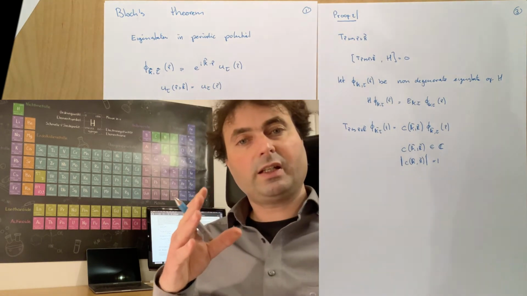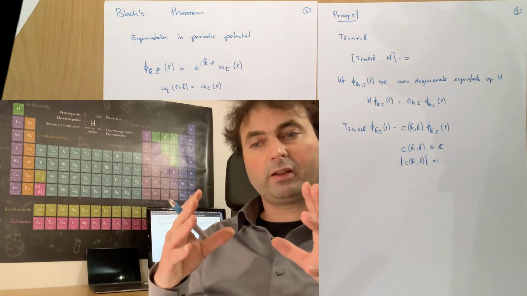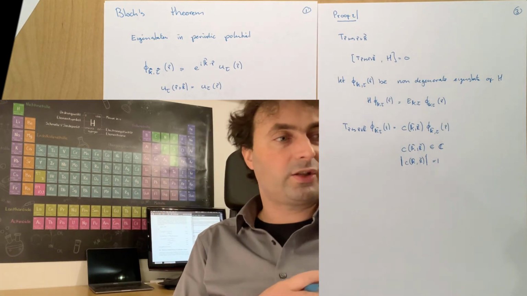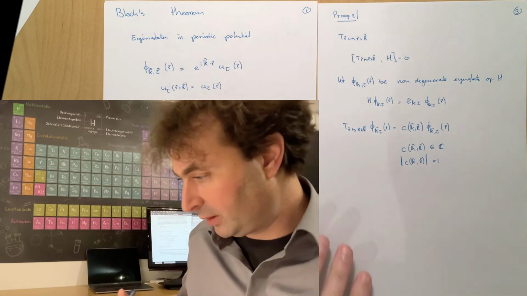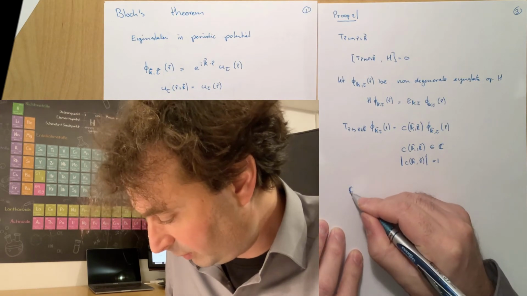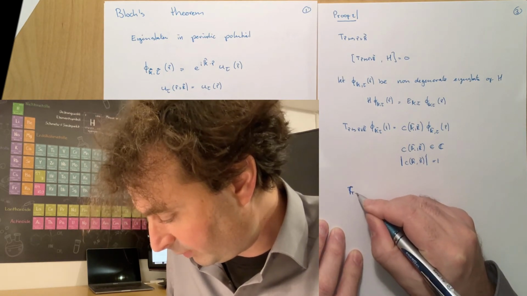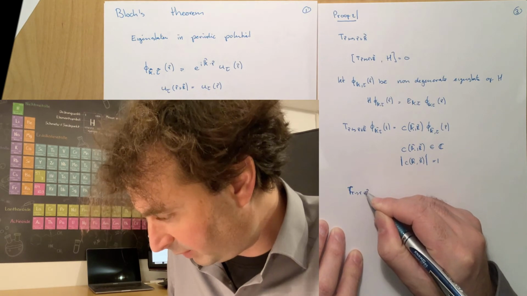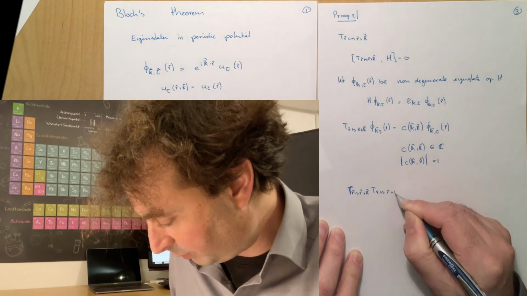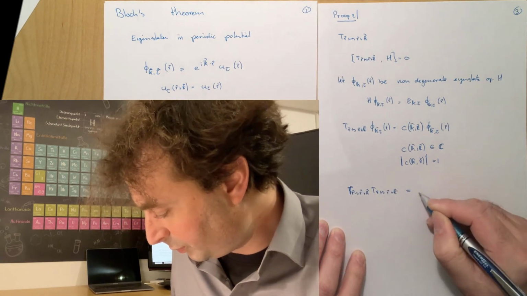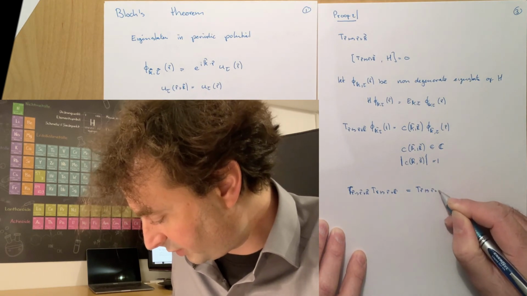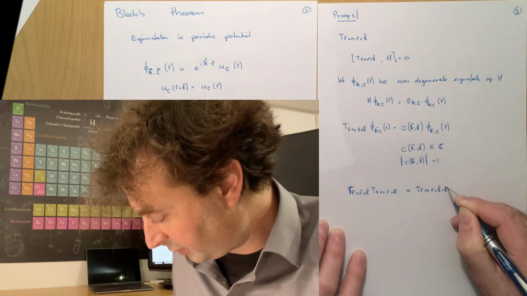Now when I make a translation by a lattice vector R, and then I make a translation by a lattice vector R prime, or I can make at once a translation by the lattice vector R plus R prime, I should get to the same state. So we know that T R goes to R plus capital R, T R goes to R plus capital R prime, should be equal to T R goes to R plus capital R plus capital R prime.